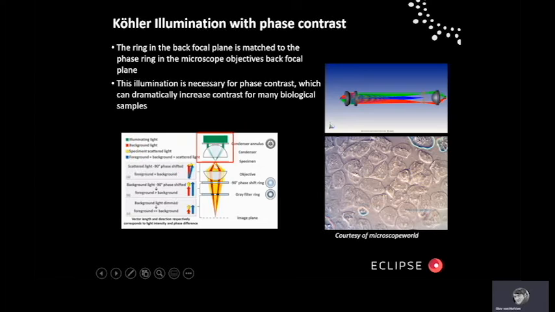And the light that's not scattered will end up on this phase shift ring in the back focal plane of the microscope objective. So this light is phase shifted compared to the scattered light, which will make them interfere in the image plane. And this, of course, being able to see phase contrast is a very big advantage for biological samples, which usually do not have any absorption.